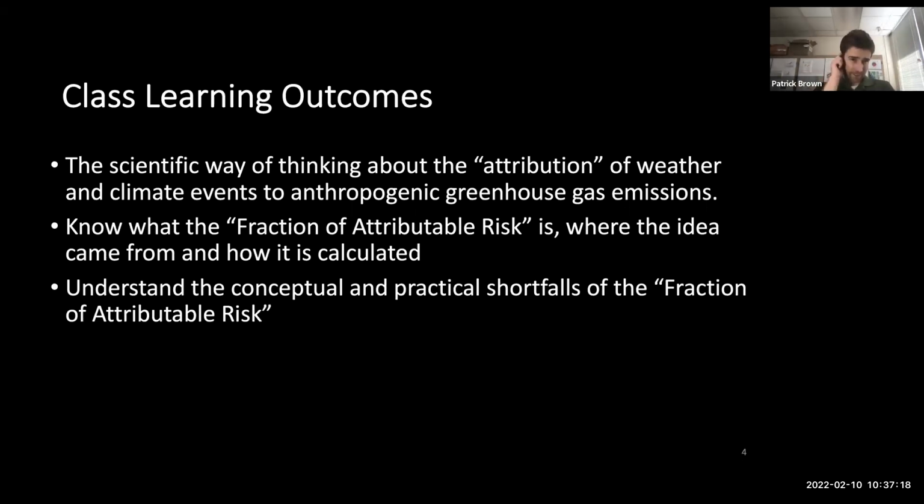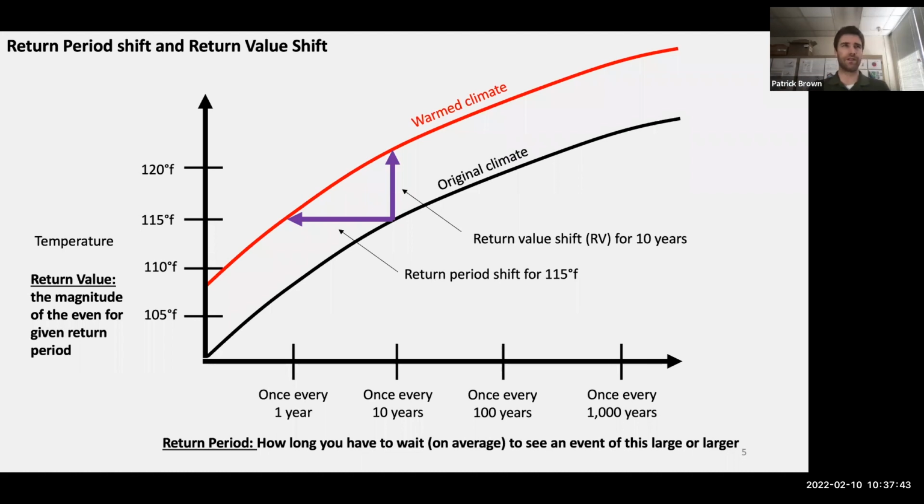And so the concepts today build off of this return period and return value idea. If you remember how this works, on the x-axis here, we have what we call the return period. The definition of that is just how long you have to wait on average to see an event like what you're seeing on the y-axis, so an event as extreme as this or more extreme.